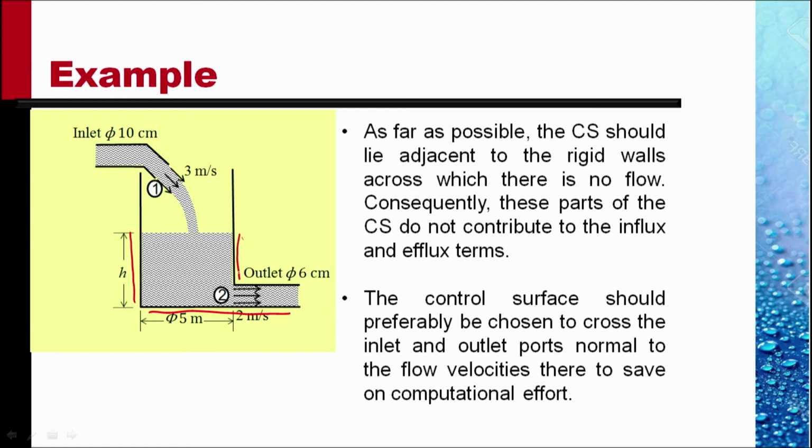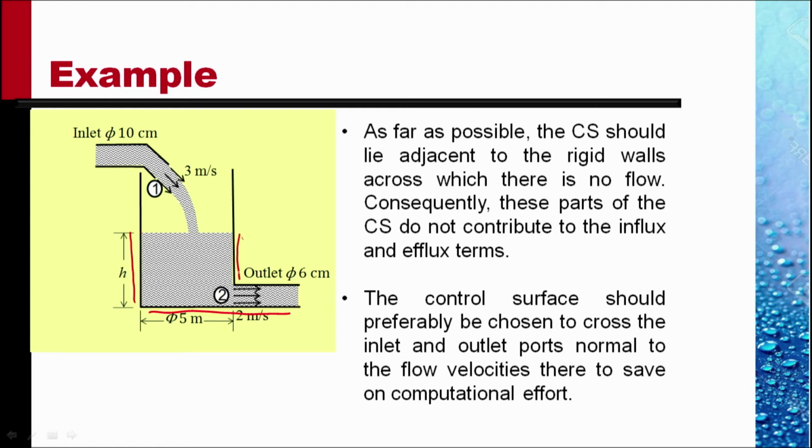The control surface should preferably be chosen to cross the inlet and the outlet ports normal to the flow velocity to save on computational effort. Because if the surface is normal, the flow rate is simply velocity times the area of the flow.